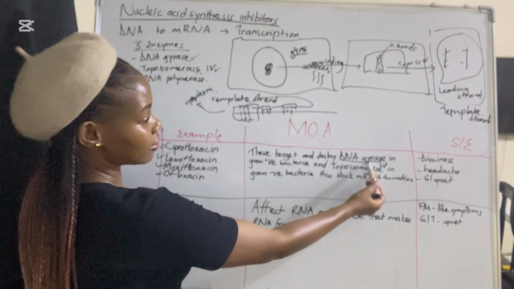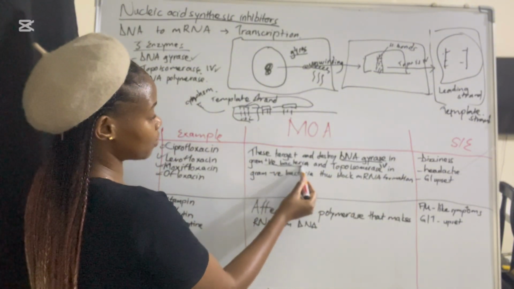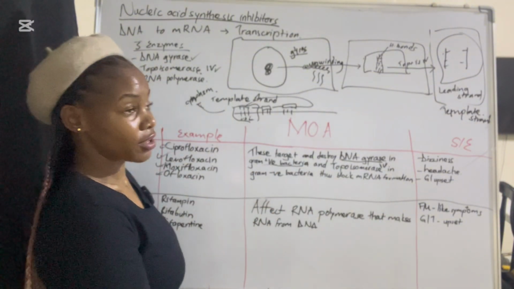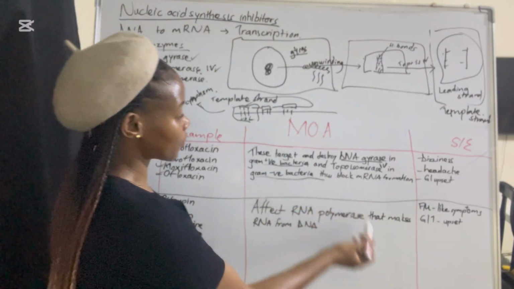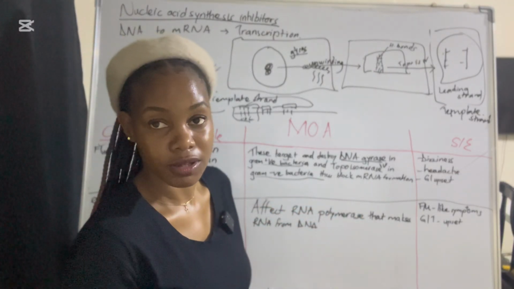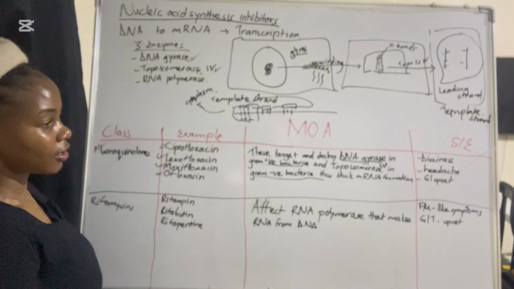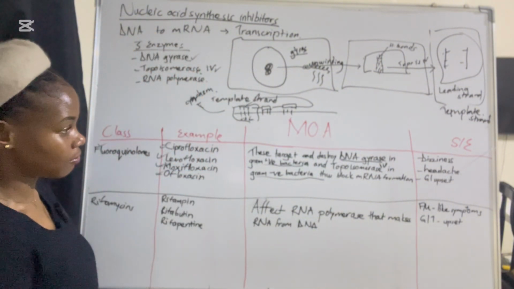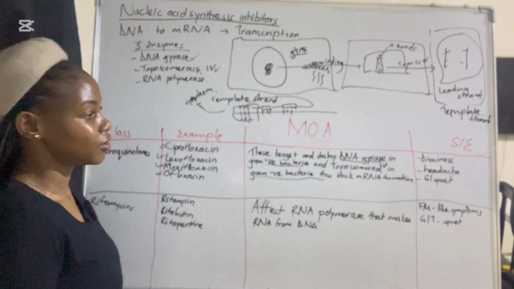The DNA gyrase that is going to be blocked is in the gram-positive bacteria, and the topoisomerase that is blocked is in the gram-negative bacteria, thus blocking formation of messenger RNA or nucleic acids. That is our mechanism of action of fluoroquinolones.